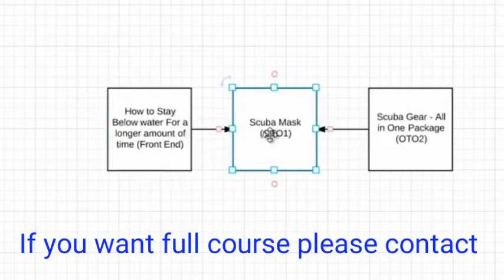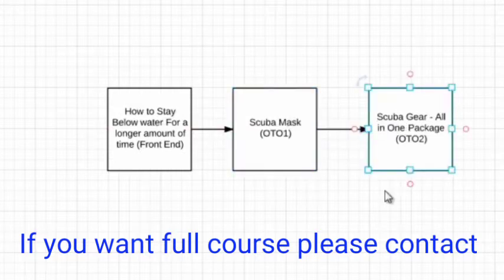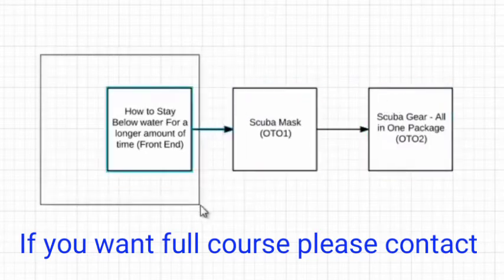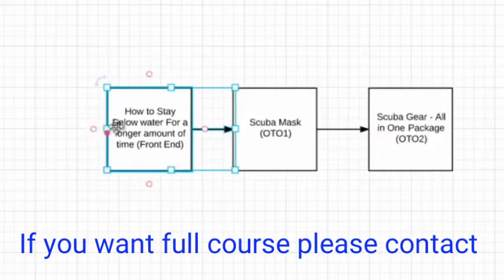You say, okay, I've trained you, I've educated you, and here's a scuba mask that will help you do just that. And then after they buy that, you could say, we normally sell the scuba gear all in one package for such and such price, but you're going to get 50% off if you buy it right now. So they're already in the frame of mind, thanks to this part here, that they are well educated.